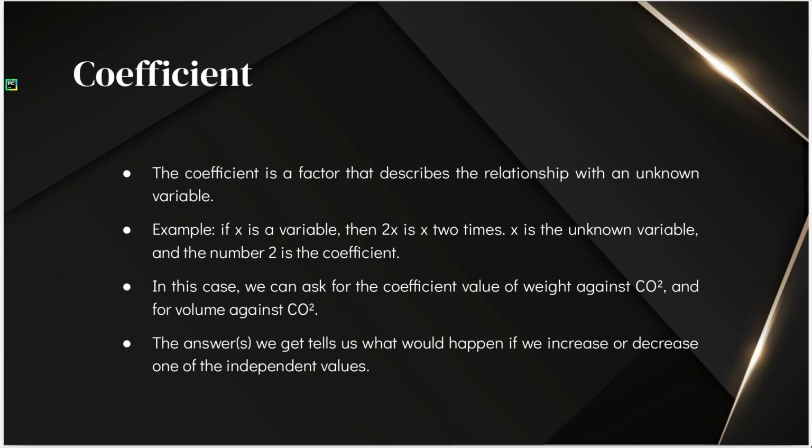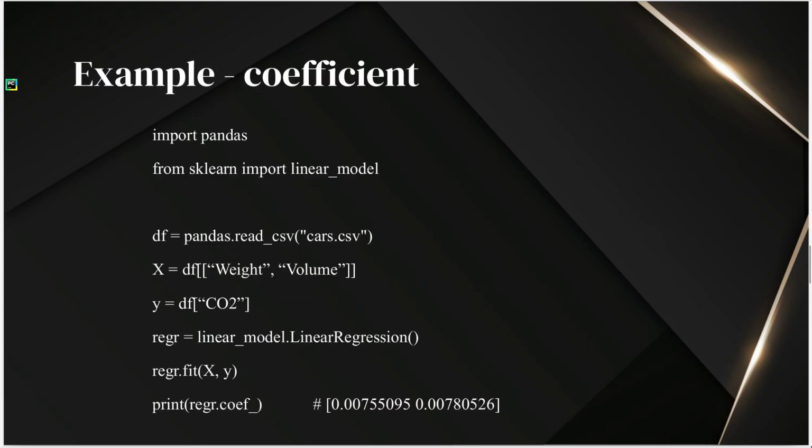In this case, we can ask for the coefficient value of weight against the predicted CO2 emission and of volume against the predicted CO2 emission. The answer we get will tell us what would happen if we increase or decrease the weight of the car or the engine size.